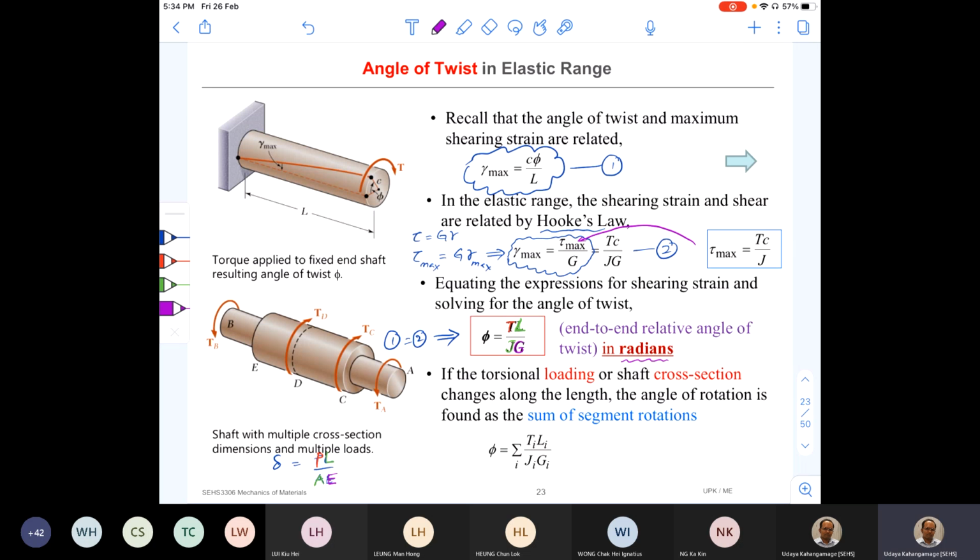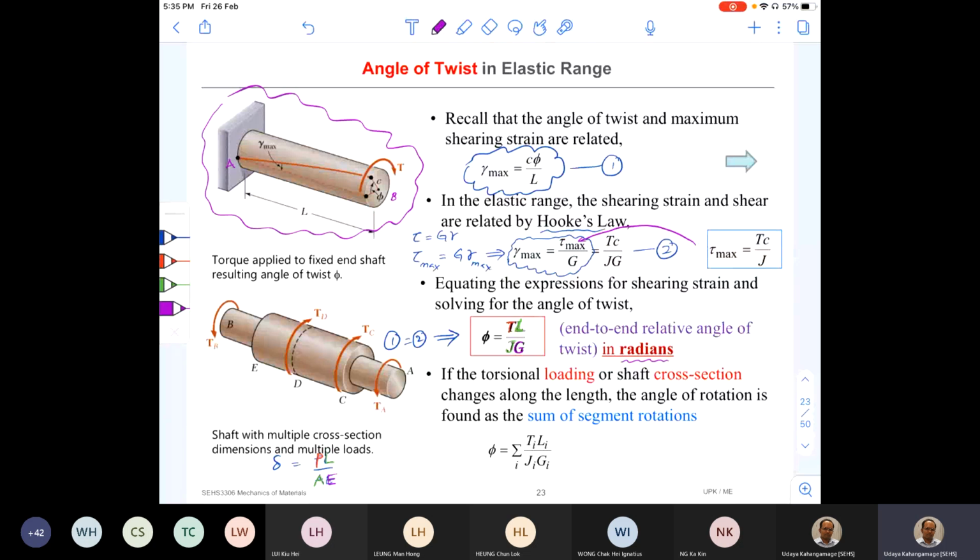Okay, and this equation is valid only if, because this equation is derived for this kind of member, right? So this is valid only if the internal torque remains the same along the length. So here you can see there's only one torque T from, let's say this one is A, this is B. From A to B, same internal torque and the same material, therefore G is constant.